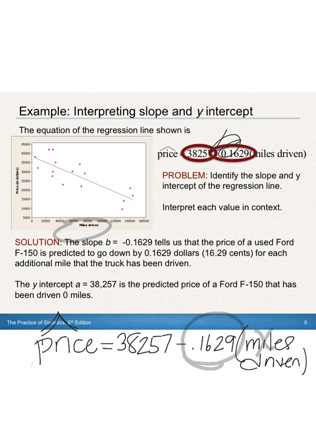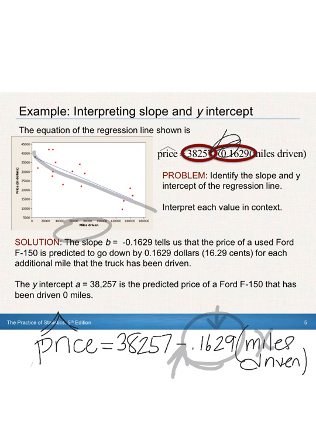So what is the 0.1629? It means that for each mile that has been driven by the Ford, it's going to drop about 16.29 cents. So it's going to be a drop, you can tell, because it's a negative slope, that it's going to drop by about 16.29 cents per mile.